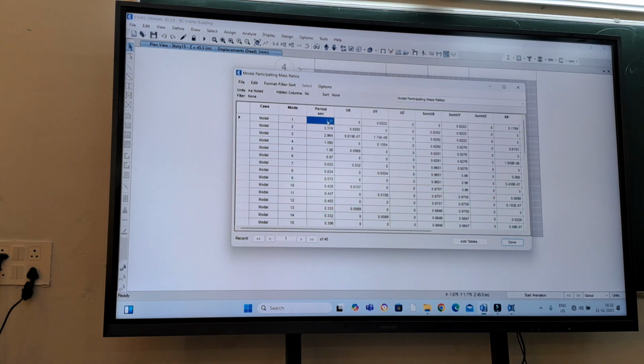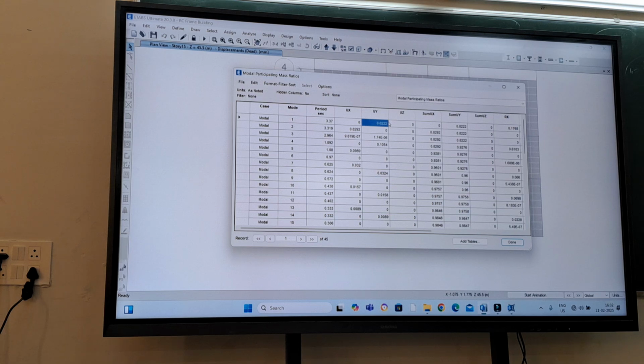Now here you see this is your first mode and this is the period for the first mode, which is 0.37 seconds, and the direction is y. By looking at these values, we will understand which direction your mode is acting. Where the participation factor is given maximum, that will be your direction. So now the first mode is acting along y with the mass participation of 82%.